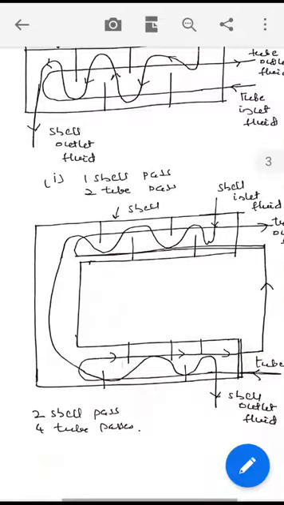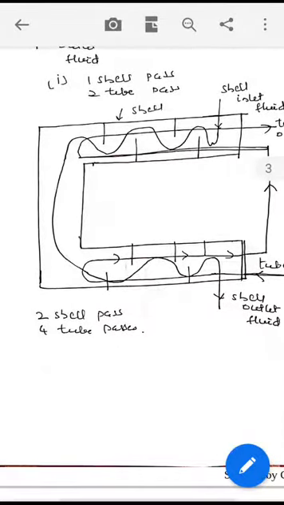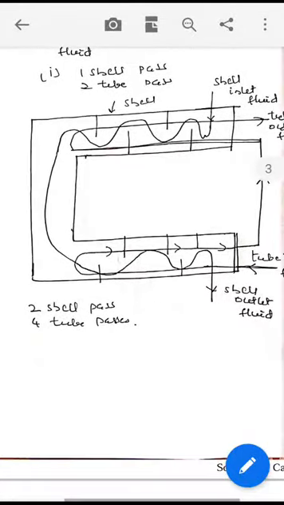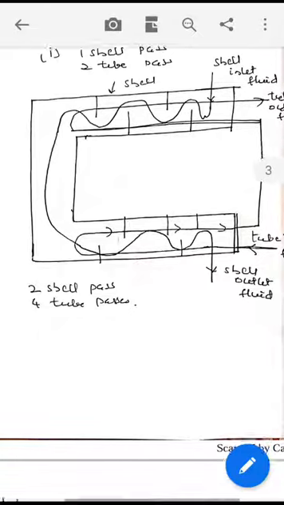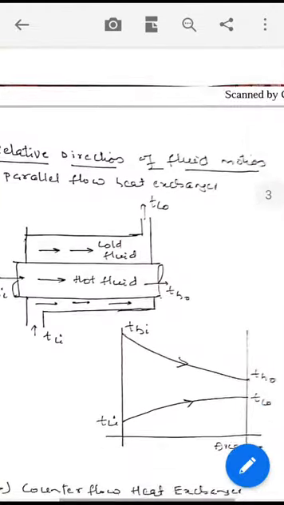Then we have a 2 shell pass and 4 tube pass, where the shell fluid makes two passes while flowing through the heat exchanger. Tube fluid will make 4 passes through the heat exchanger before leaving the heat exchanger.